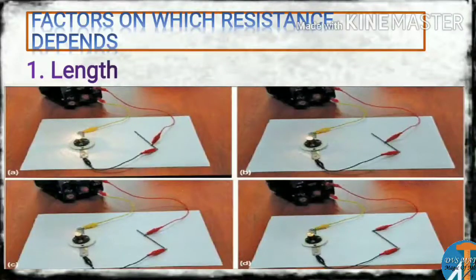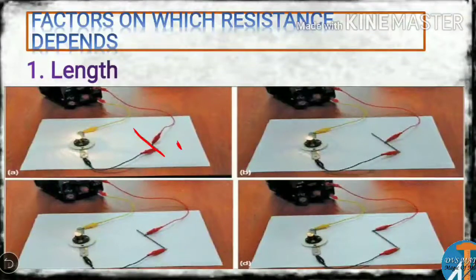In this case the connection is between only a small length of the lead. So observe here, there is brightness in the bulb. The length is less, so high brightness means low resistance. Less length, low resistance. Low resistance means more flow of electrons, so brightness.